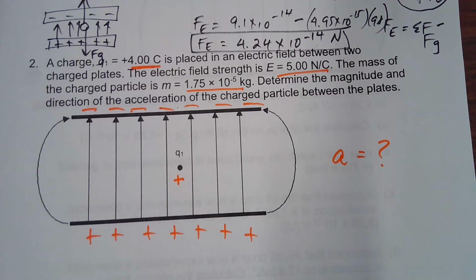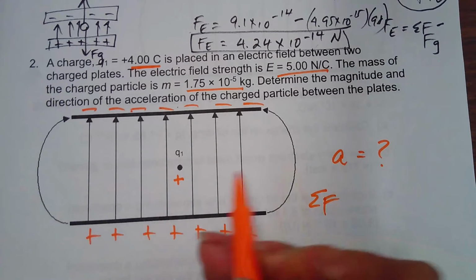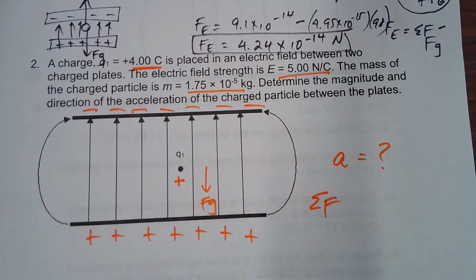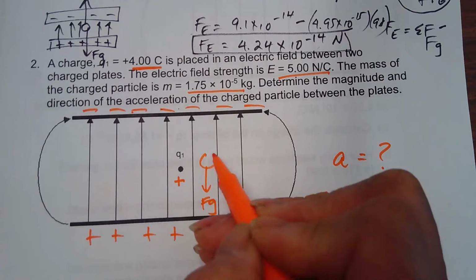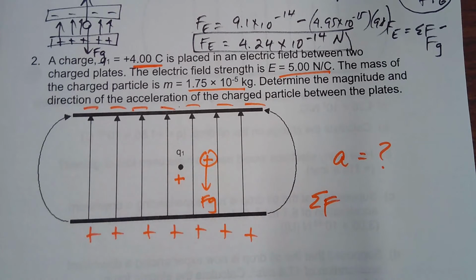Okay, so what are the forces acting on our particle here? So you got your FG still down, right? Okay, and then what? So there's our particle there. Now, if this is a positively charged particle, where would it want to go? Up or down?